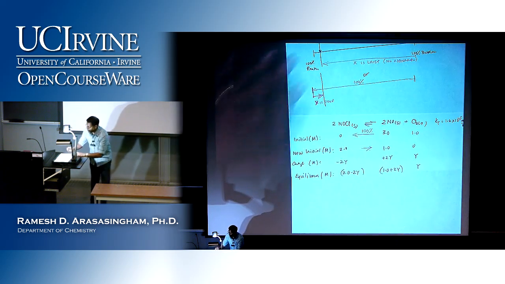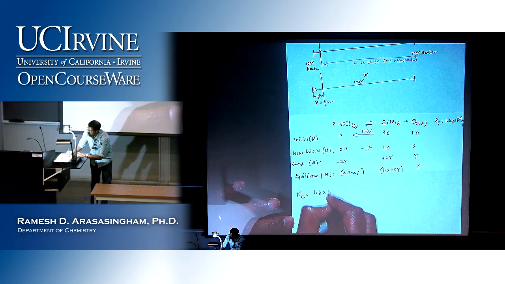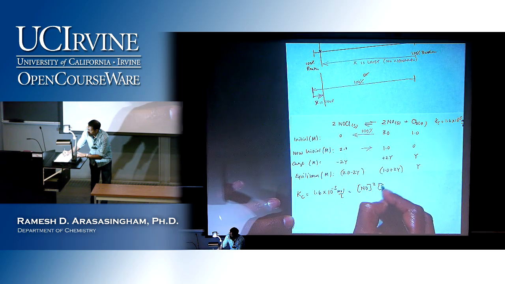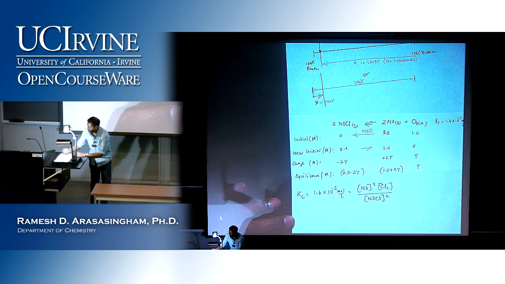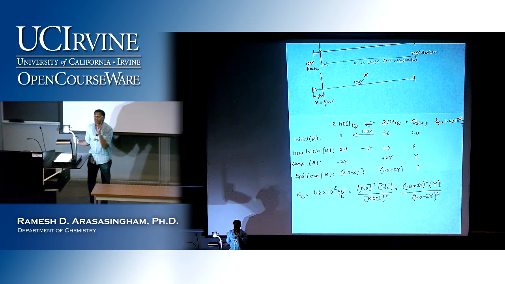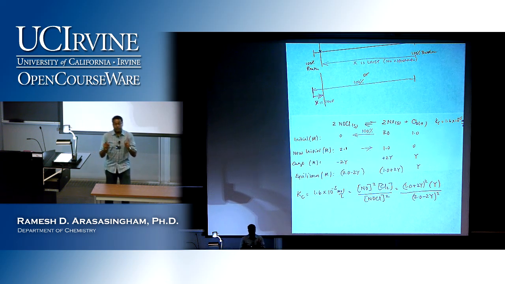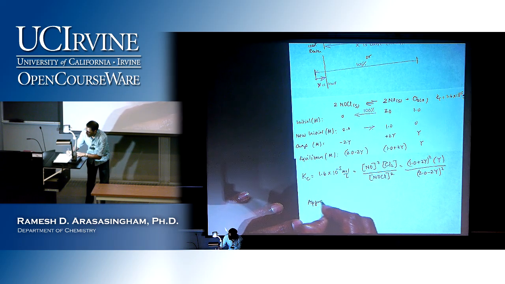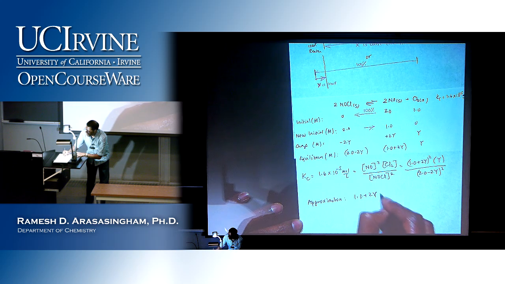All right? So now I can say Kc equals 1.6 times 10 to the negative 5 moles per liter equals the concentration of NO squared times the concentration of Cl2 divided by the concentration of NOCl squared, which gives me (1 plus 2y) squared times y divided by (2 minus 2y) squared. But now I can simplify the math because now I can make an approximation. I can say my approximation is that 1 plus 2y is 1.